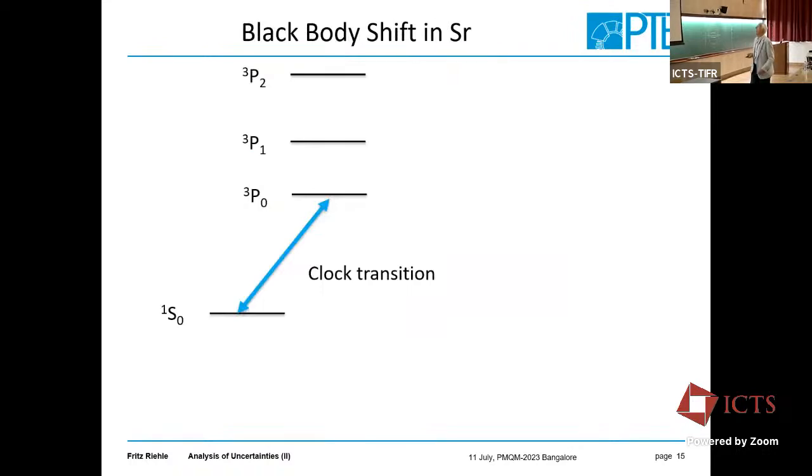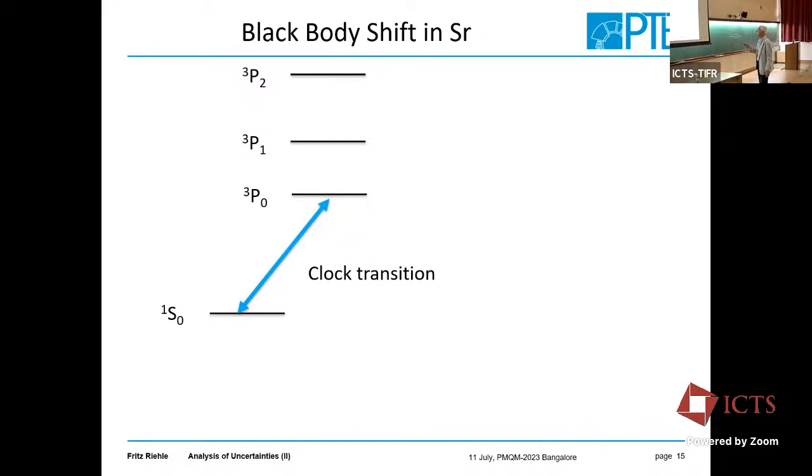So there is another shift called the black body shift. What does this mean? If you calculate the electric field in this room at room temperature, it is like 800 volts per meter, really big, and the atoms feel this. Why do they feel this?